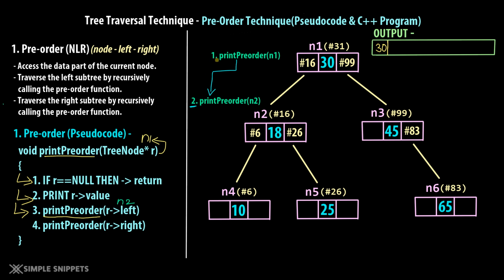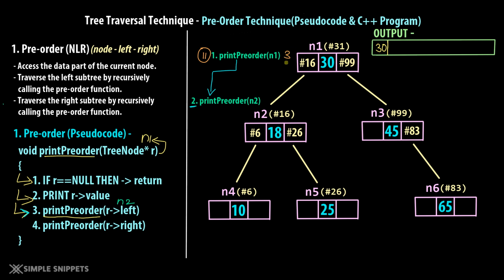Because you can see that the first print PreOrder call is at step 3, it still has to do the step 4, but because it gave a recursive call, it has to go in a pause state. So this is where the first print PreOrder function will go in a pause state. So let me do a pause symbol over here, and it is paused at step number 3, because at step number 3 it gave another call to print PreOrder, so it's a recursive call.